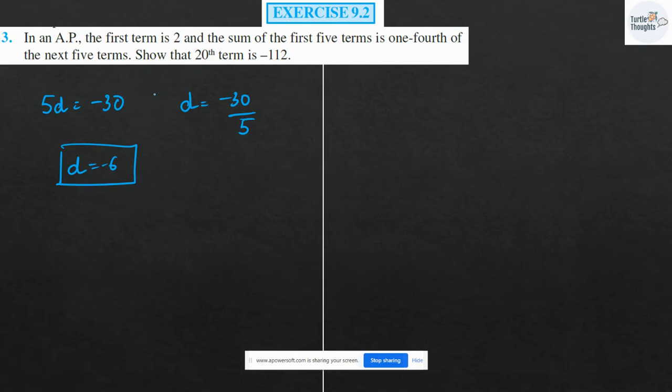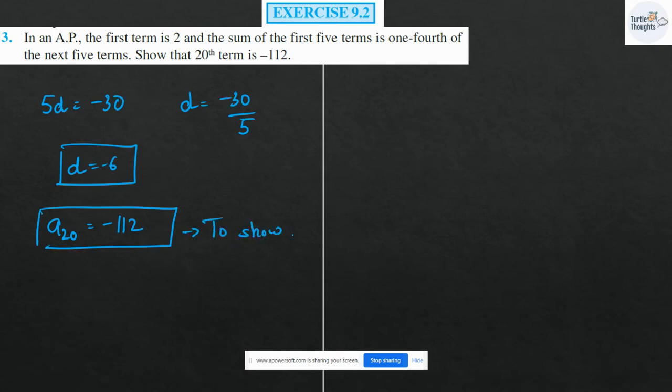What we have to show? We have to show that a20 is minus 112. To show that, I can write the formula for an, right? I know the formula for an is given by a plus n minus 1 into d. I want a20, so I can write a20 will be equal to a plus 20 minus 1 into d.